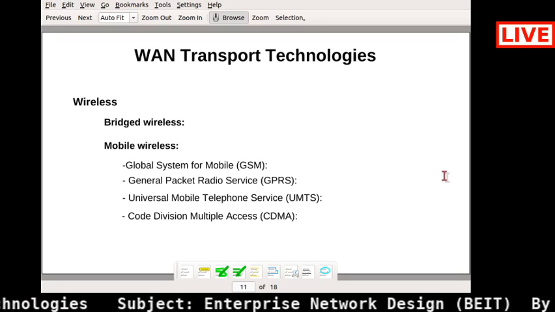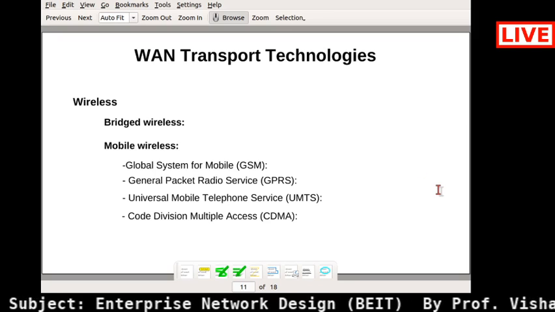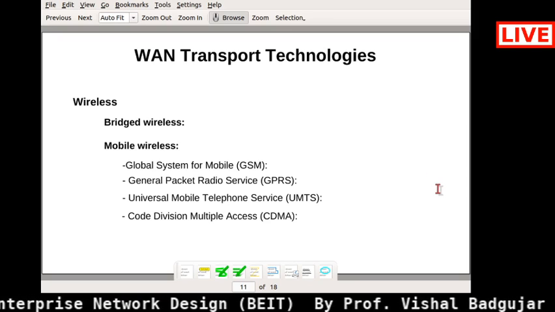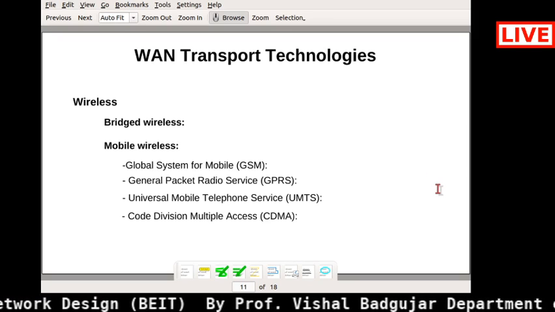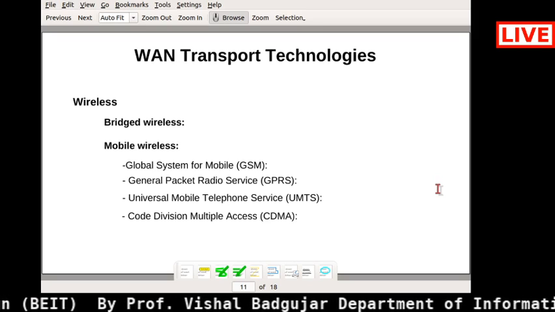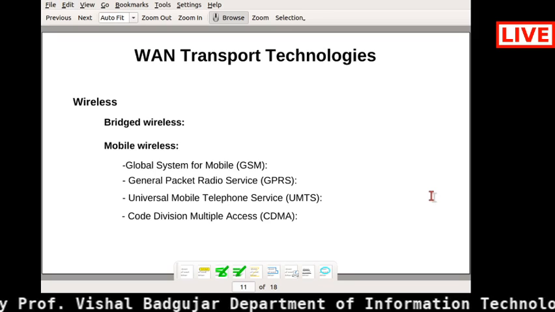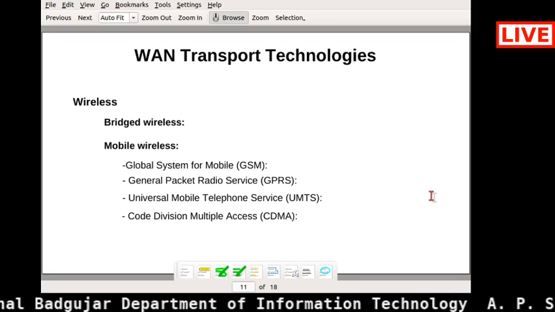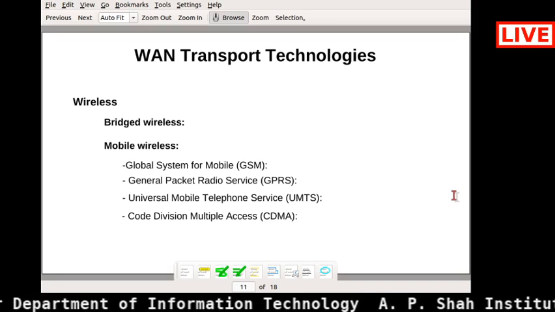Now bridged wireless: whatever we design to connect two or more networks, which will be located in different buildings, gives you high data rates for data intensive use.